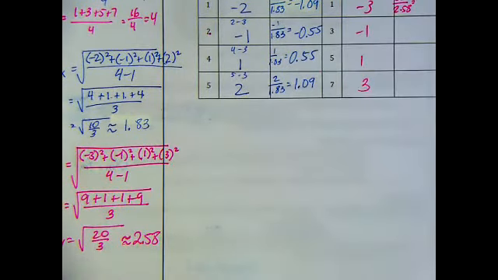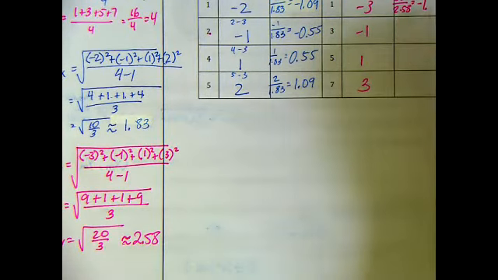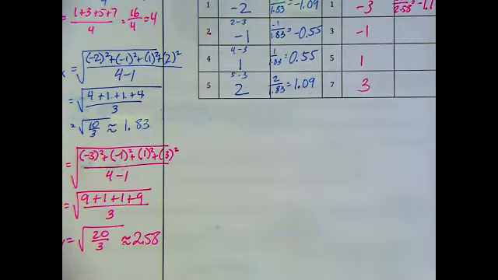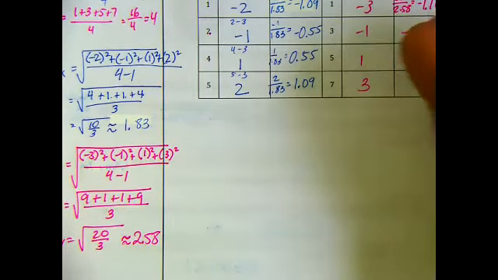So -3 divided by 2.58 is -1.1627, so -1.16, and then we have -1 divided by 2.58, and that's going to be -0.387, so that'll be -0.39.